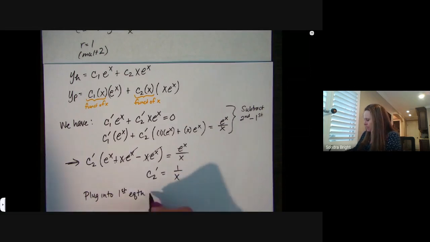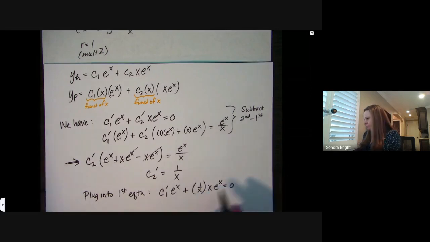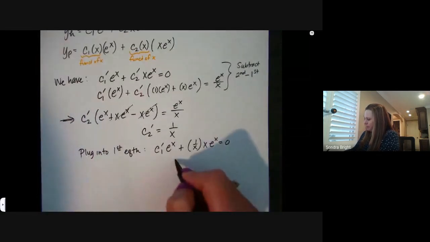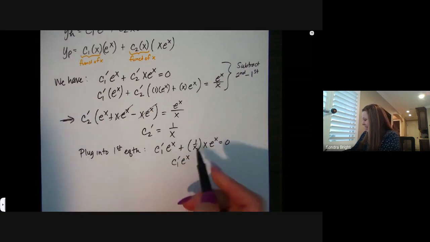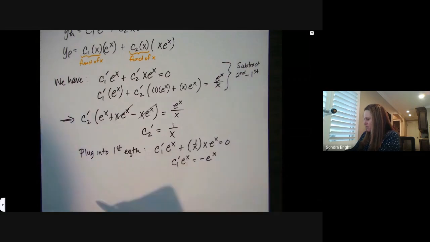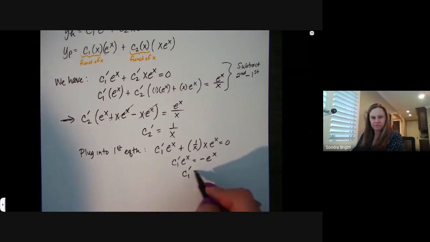And I would have C1 prime times e to the x plus 1 over x times e to the x equals 0, which means that, oh, nice, those guys cancel. And you'll have a C1 prime times e to the x plus e to the x. So if I subtract it, I'd have a negative e to the x. And dividing both sides by e to the x gives me that the derivative of C1 is negative 1.